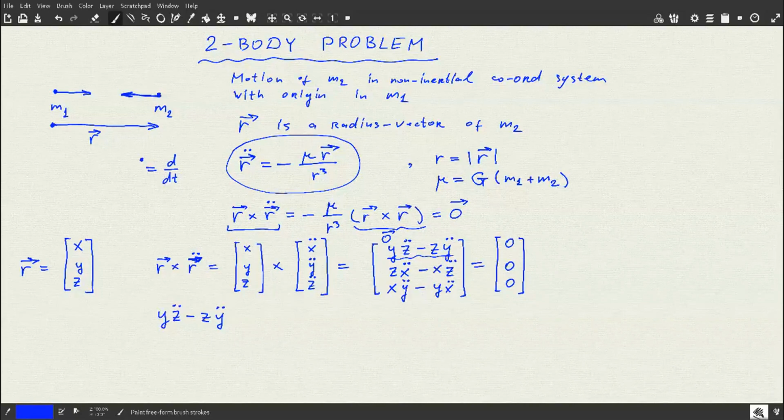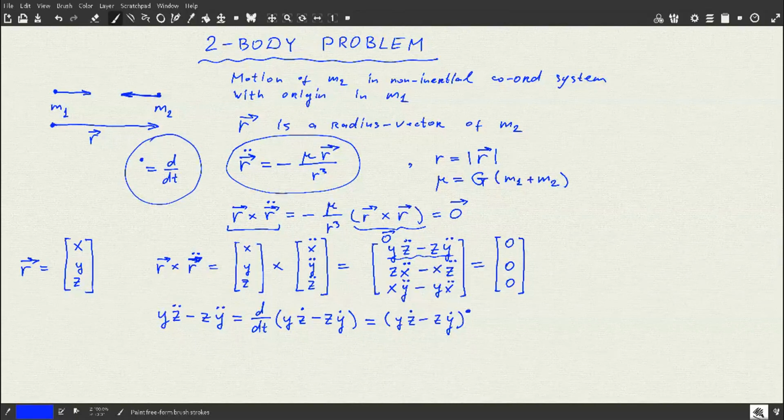It's not obvious, but I claim that this is nothing else but the derivative over time of y z dot minus z y dot. Or writing the same in the dot notation, it would be (y z dot minus z y dot) all dot. Dot means differentiation with respect to time.